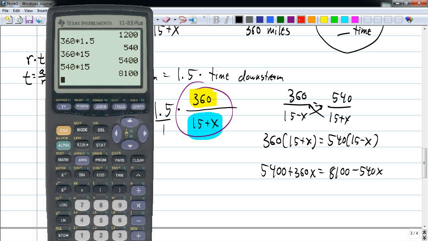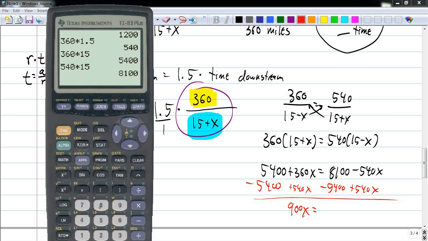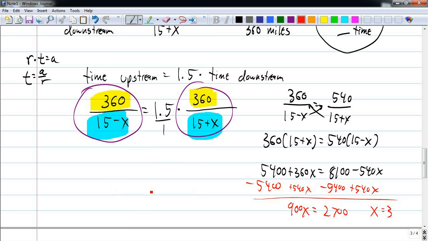Getting everything to one side, minus 5,400 and plus 540x on both sides, I'm going to have 900x equals 2,700. So dividing these, I get that the current is 3 miles an hour. Okay? All right.